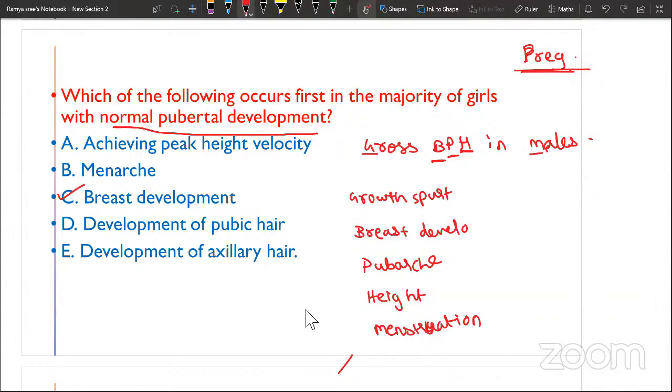So growth spurt, breast development, pubarch, height, and menstruation. This is the order, gross BPH in males. That's the normal pubertal development.